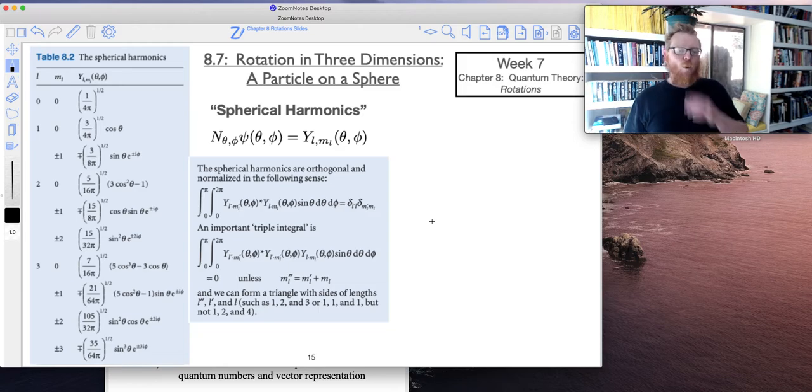And then now what we also see is some other unusual integral properties that I don't think are as important but worthwhile to note. And I'm not going to review those in great detail, but here we can see the spherical harmonics are orthogonal and normalized in the following sense. Okay, so this is the normalized equation, and this is the orthogonal equation.